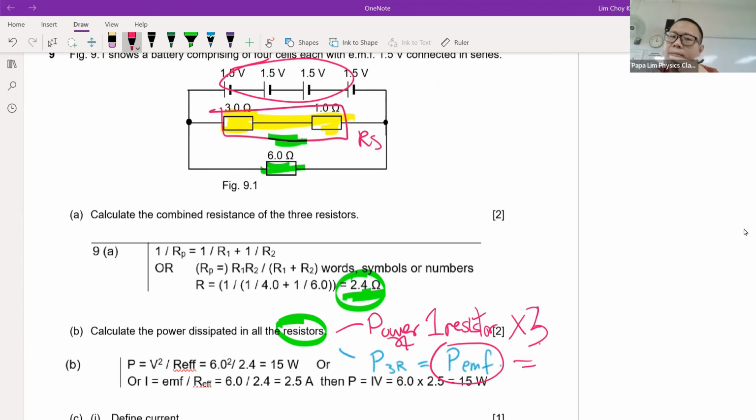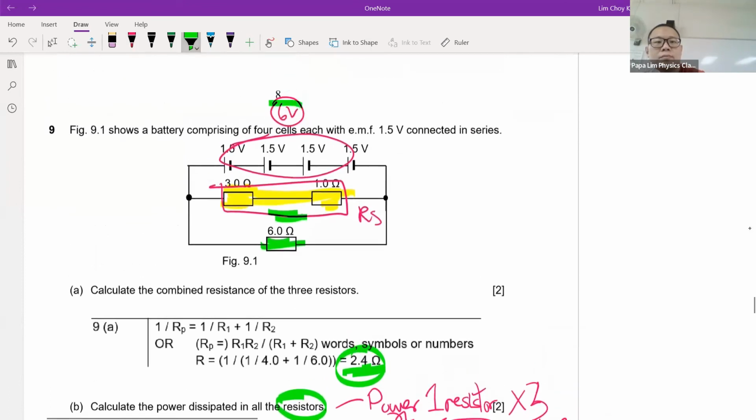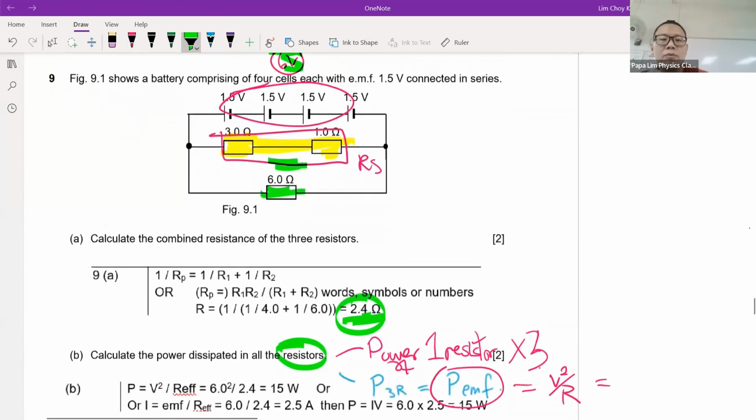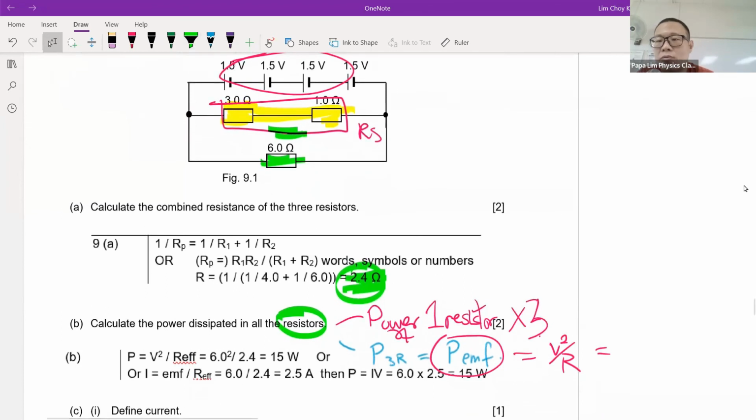No, I will not use that, because for IV, I don't have current. But I can use V squared over R. Why use V squared over R? Because in this question, I know the total EMF is 6 volts and the total resistance is 2.4 ohms. I would have to spend working to calculate current, but if I don't want to use current, I can use V squared over R, because I'm given the values.